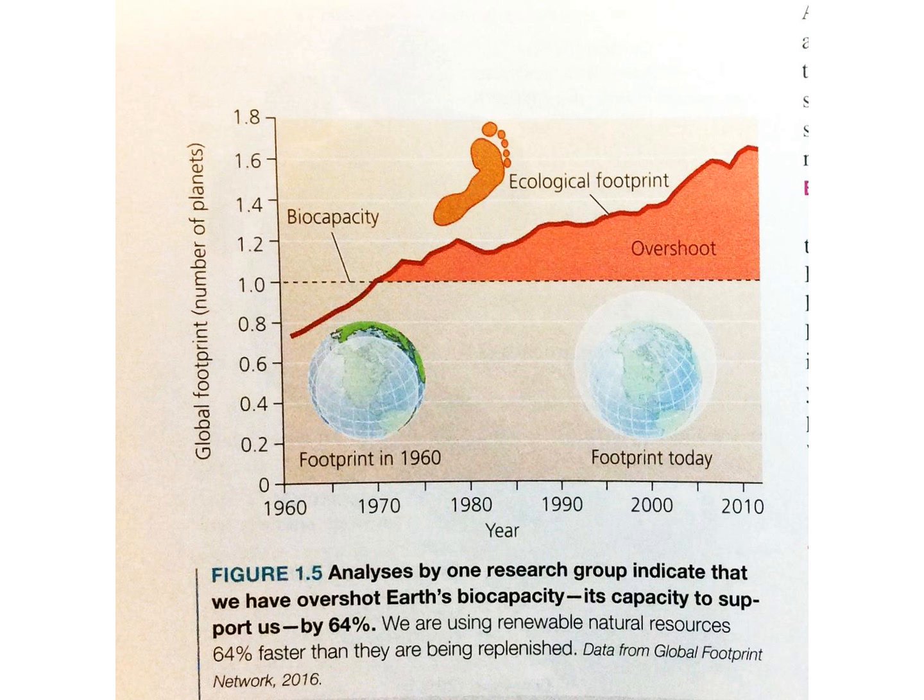Okay, another way to look at this is thinking of the world population in its entirety. So what's happening to our population and how many resources there are? And according to this analysis by this research group, they're basically indicating that we have already overshot the Earth's biocapacity, so its capacity to support us, by 64%.